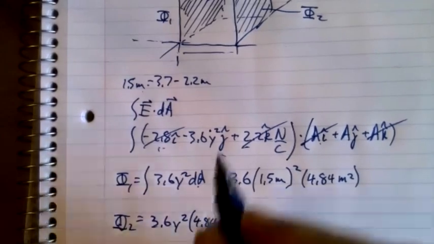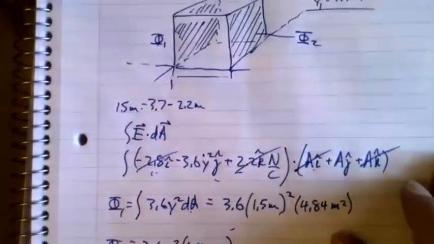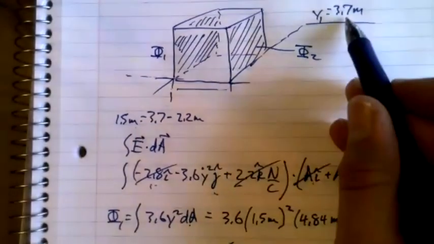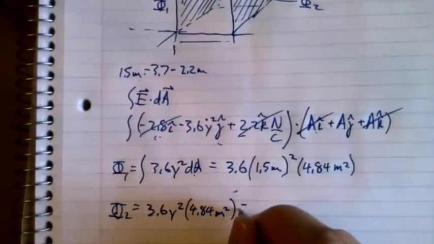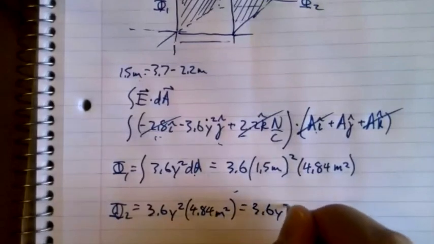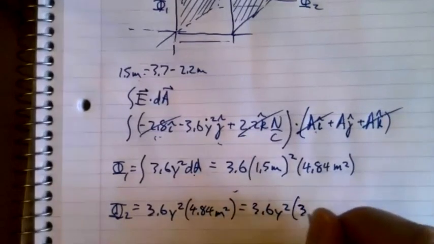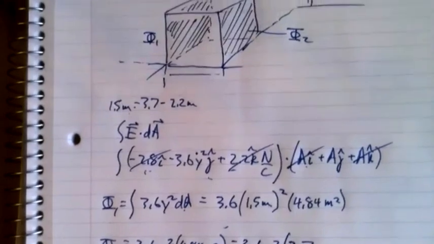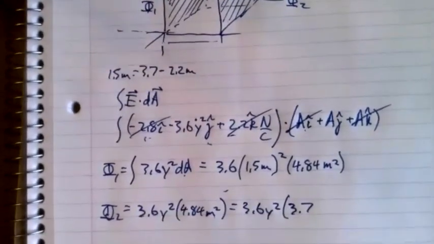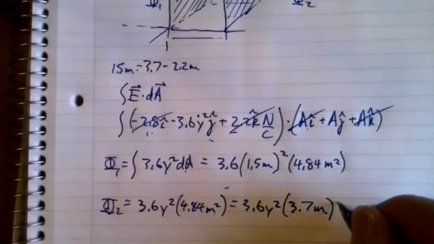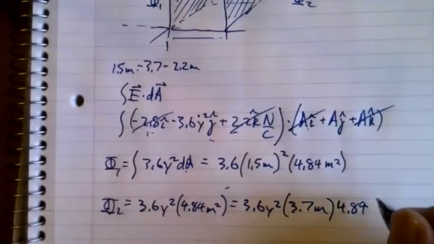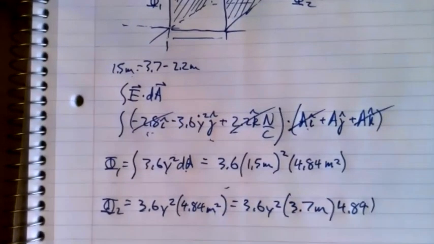So I'll plug in for y on this side. And we said that y is 3.7 meters. So that will give me 3.6 times 3.7 meters squared times 4.84.